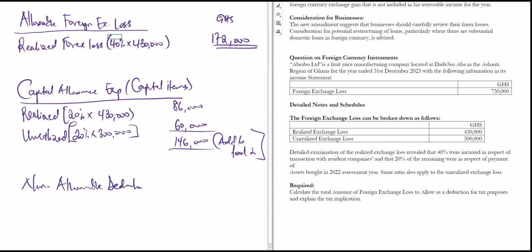The non-allowable part will be the whole 730,000 minus 172,000, because this part, the 146,000, goes into the capital allowance computation, so it is not allowable as an expense. So what becomes the answer? The portion that is not allowable.